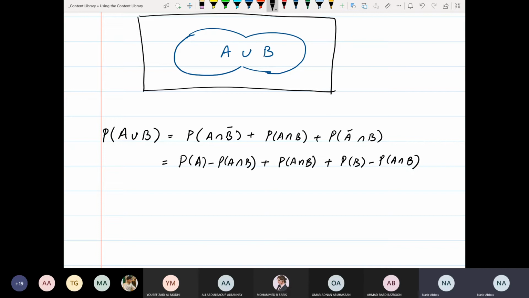So if you look at this, there is 1 times A intersection B with a plus sign and 2 times with a minus sign. So you'll come up with this equation: probability of A union B is equal to probability of A plus probability of B minus probability of A intersection B. This is called the addition theorem of probability.